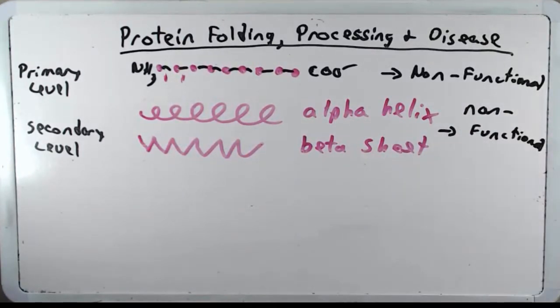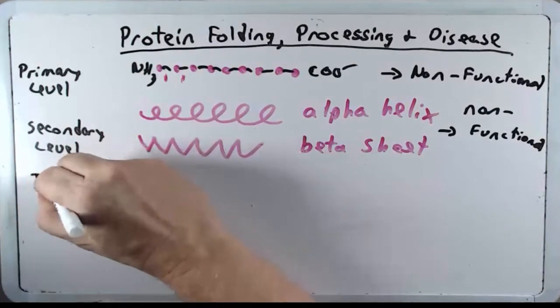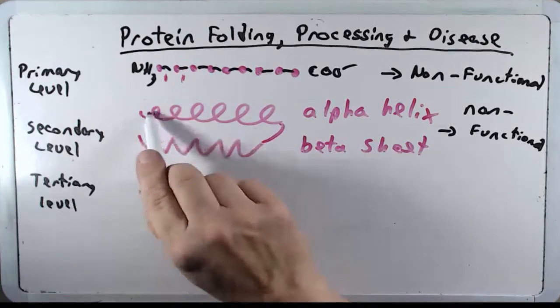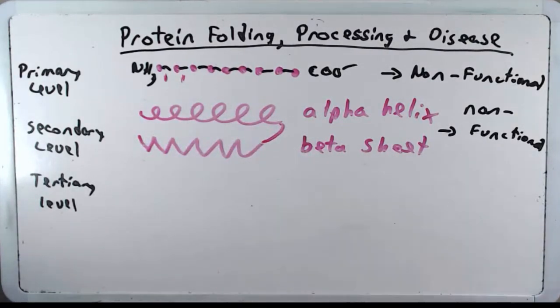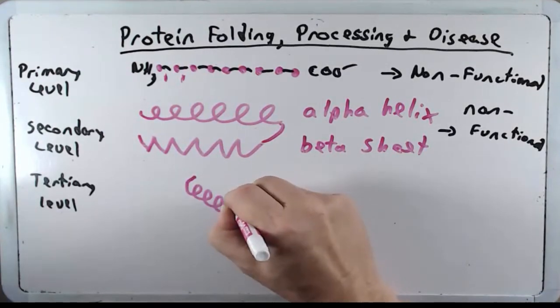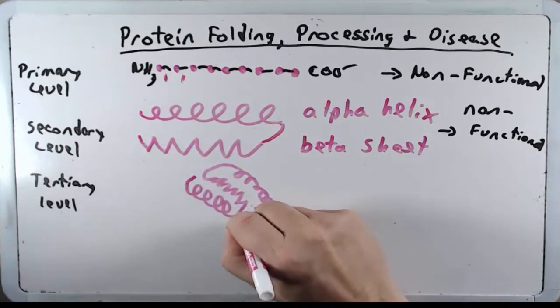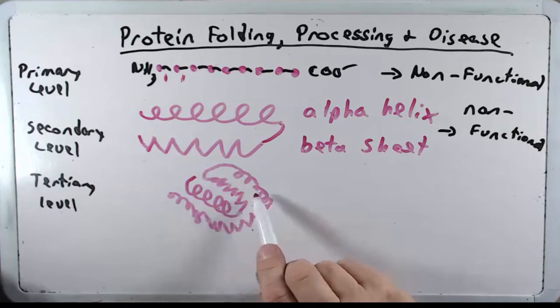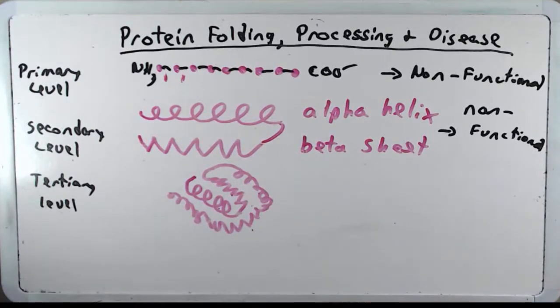But usually a protein needs to move beyond the secondary level to the tertiary level. What happens in the tertiary level is that the various secondary level structures will fold upon each other. So I'm going to draw something like this, where you have alpha helices, beta sheets, an alpha helix, and an alpha helix. They begin to collapse upon each other. The important thing about this level of folding is that it's kind of hard to predict how it's going to fold.